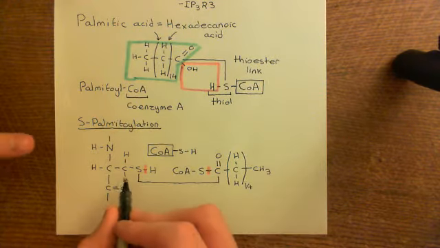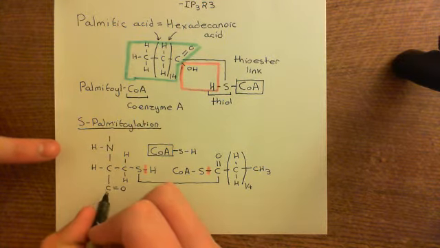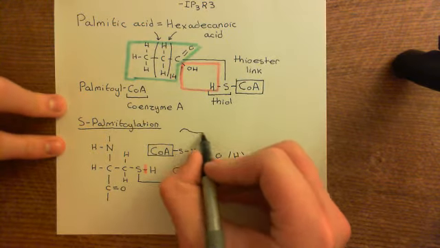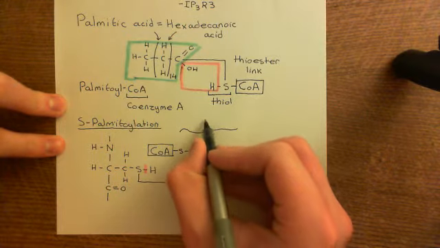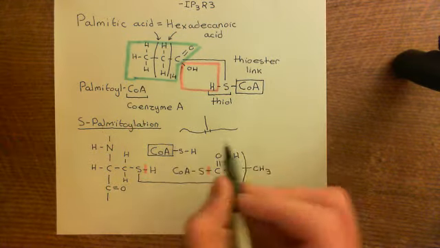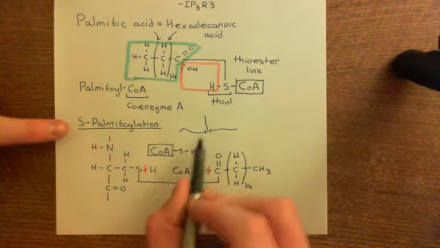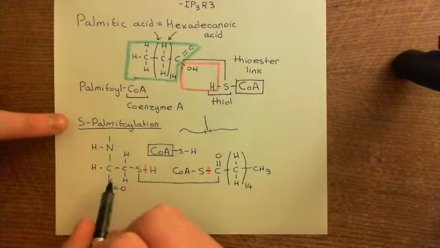Then you will have a palmitoylated cysteine residue within the protein, and that is how you palmitoylate proteins. So if we've got our polypeptide here, you'll find a cysteine residue here, and you'll stick a palmitoyl group onto it, and S-palmitoylation involves sticking them onto the thiol group of the cysteine residue.